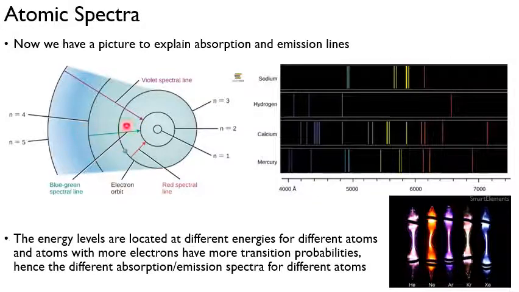So in a single atom, you can have many different photon energies from that, but also these energy levels themselves will have different energy values for different atoms. Okay, so that's why these, in this case, emission spectra are very different when you go from one atom to the next.